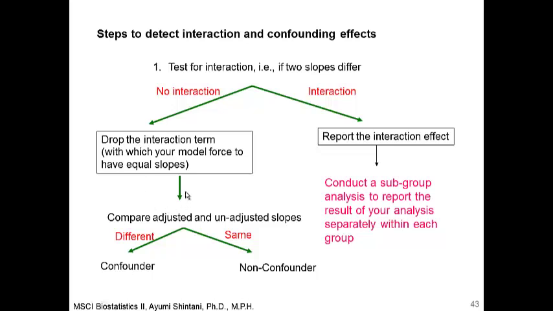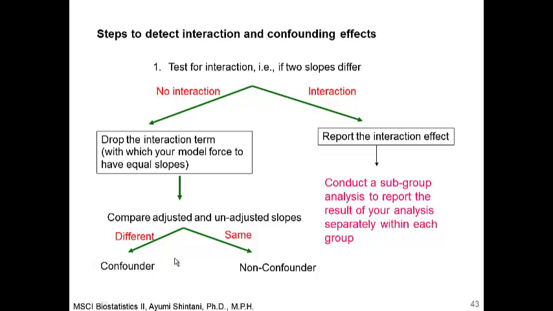But anyway, when you judge the effect of BMI is similar between two groups, you conclude there is no effect modification or interaction. Okay, and still it's very early to ignore age from the analysis. So you may assess whether age is confounding or not in your analysis. So how do you do it?